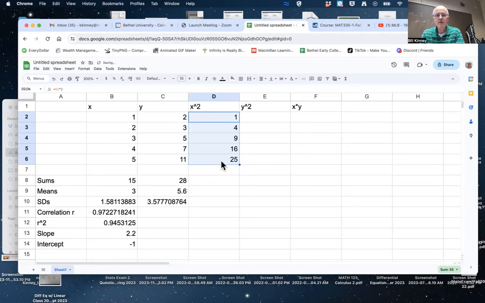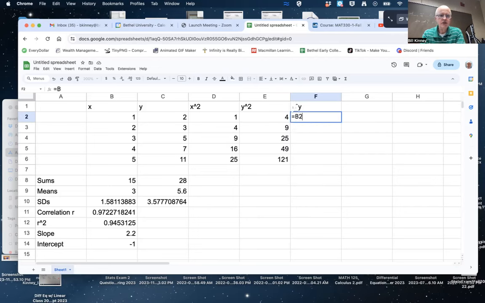5 squared, for example, is 25. I can copy and paste that whole column over here to get the values of y squared, because I didn't use any dollar signs to fix the cell references. Yep, for example, 11 squared is 121. Can't copy and paste here. I need equals B2 times C2. X times y, 1 times 2 is 2.